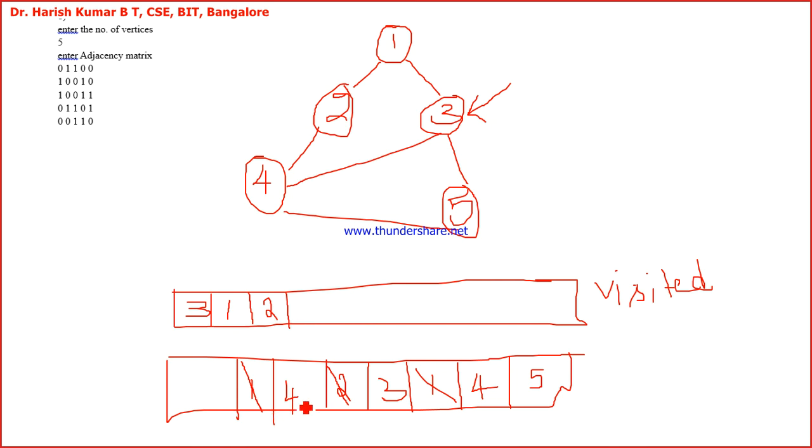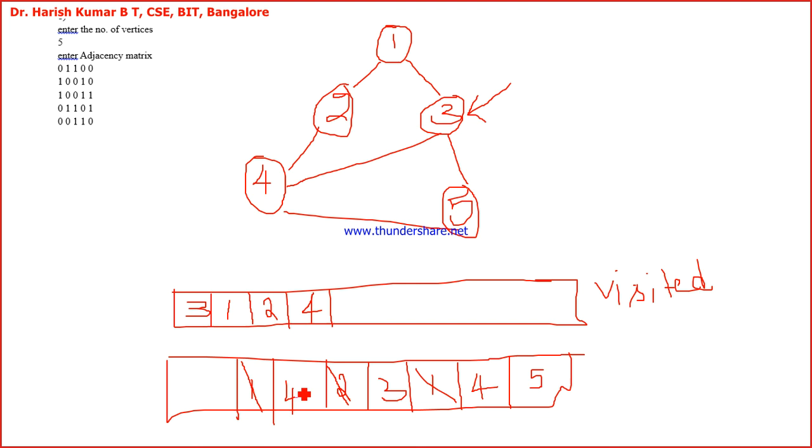And next node to visit is 4. Since 1 is already visited, I pop it out, and 4 is the node which is not yet visited.